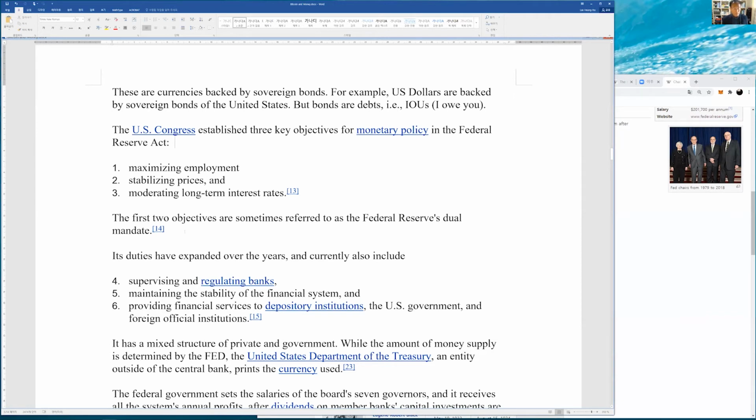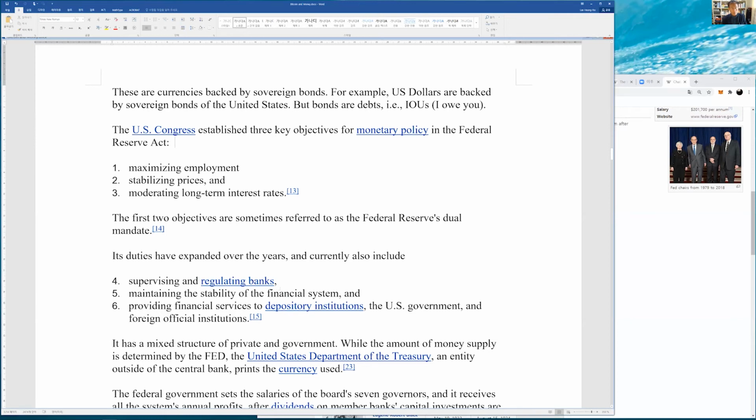And these two objectives, maximizing employment and stabilizing prices, are sometimes referred to as the dual mandate of the Federal Reserve. And the Fed's duties have expanded over time and currently also include supervising and regulating banks.